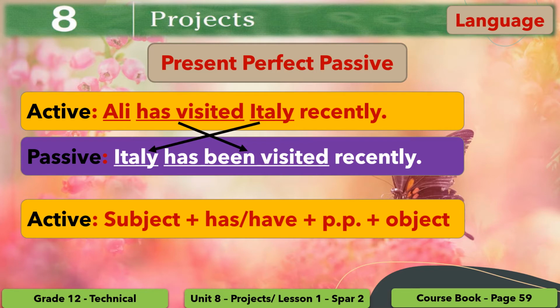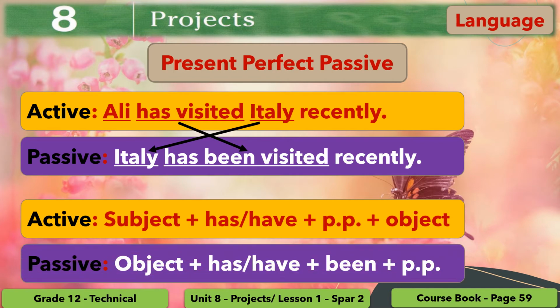When we change it into the passive, we begin with the object, and based on this object, if it is singular, we use has, and if it is plural, we use have. After that, we add been, then we use the verb, which is already in the past participle form.